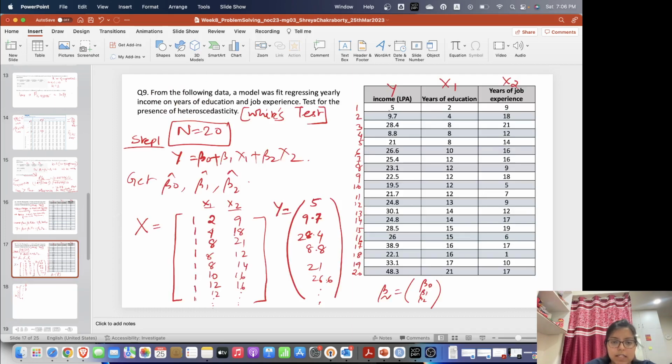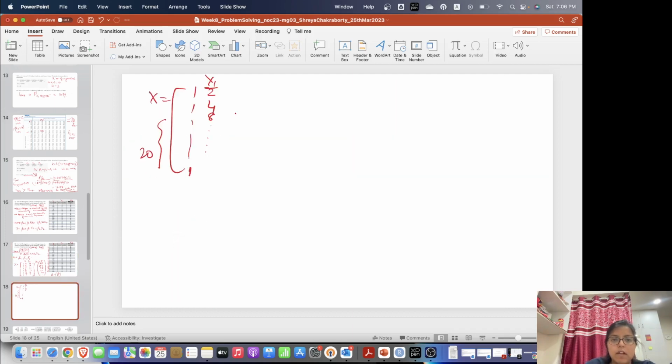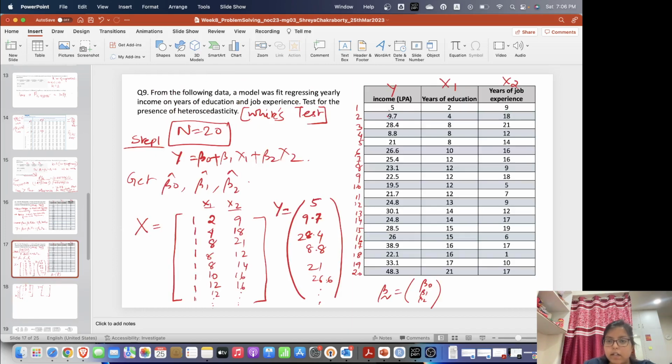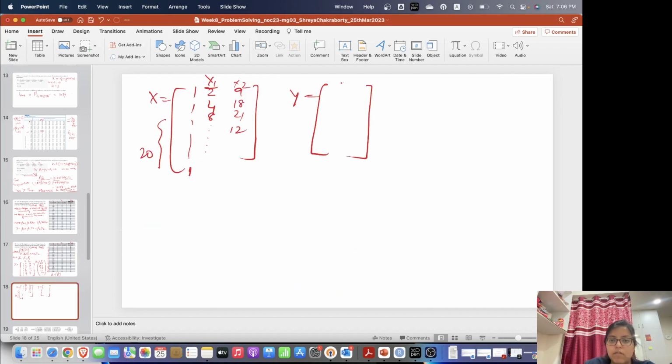And this one was 9, 18, 21, 12. This was the x2 value. And y also I'll jot down, the entire dependent column: 5, 9.7, 28.4 and so on, and beta as beta naught, beta 1, beta 2.